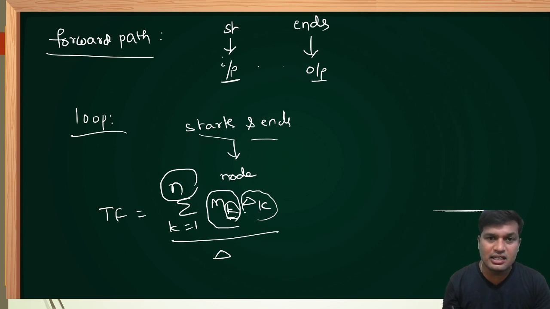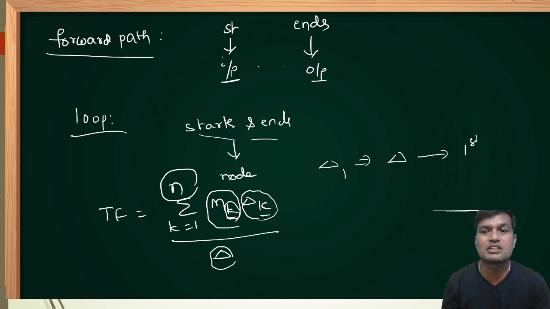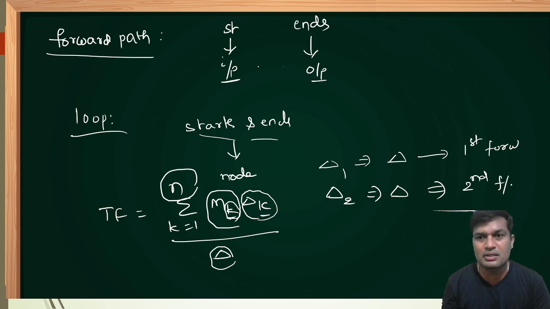Similarly, what is Del_k? Del_k is determined from Del by removing touching loop gains to the kth forward path. Suppose in place of k we take 1, then it is Del_1. Del_1 is determined from Del by removing touching loop gains to the first forward path. Del_2 is also determined from Del by removing touching loop gains to the second forward path.